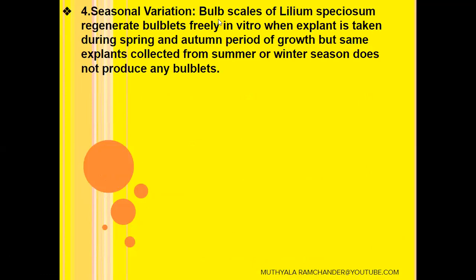Seasonal variations: bulb scales of Lilium speciosum regenerate bulblets freely in vitro when the explant is taken during the spring and autumn period of growth, but the same explant collected from the summer or winter season does not produce any bulblets.